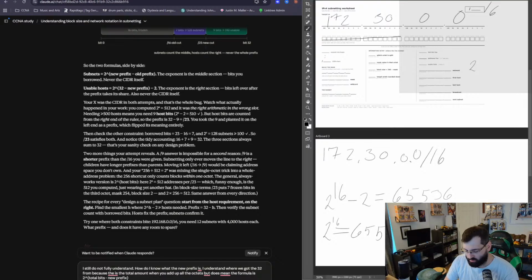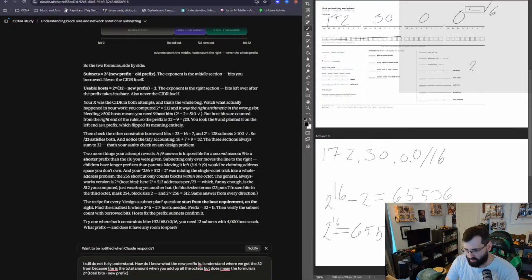So in our example, the number of addresses that we have to work with is 2 to the power of 16, which equals, what is it, something crazy, 65,536.